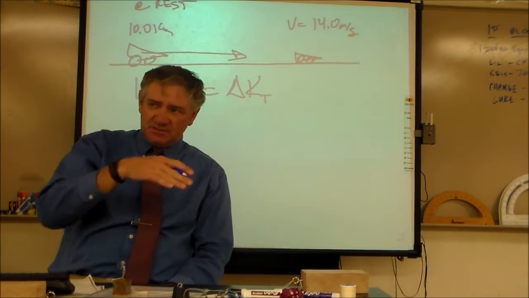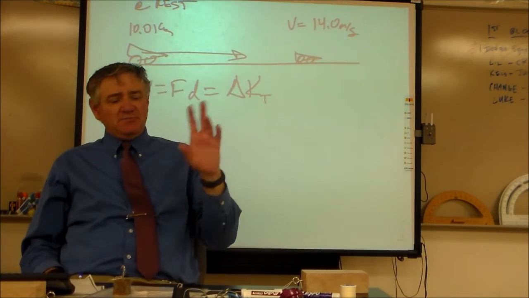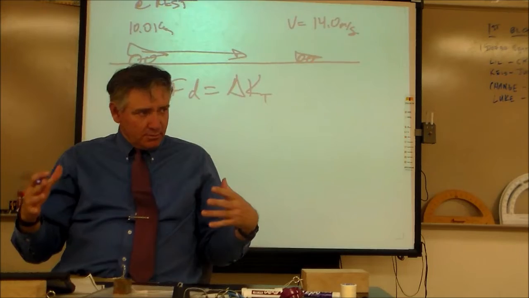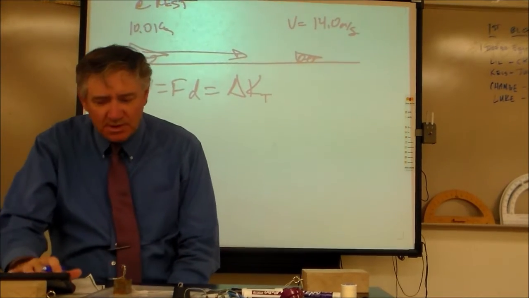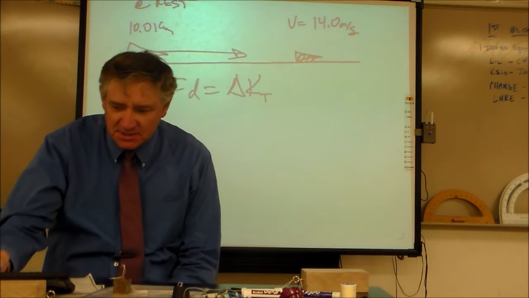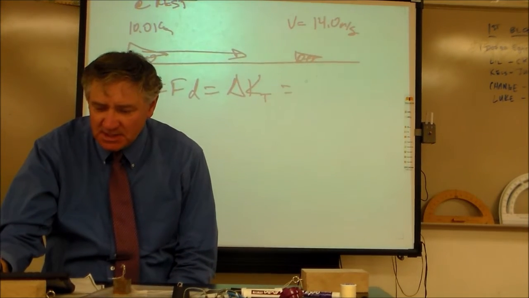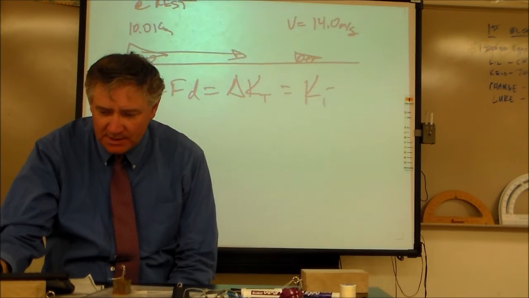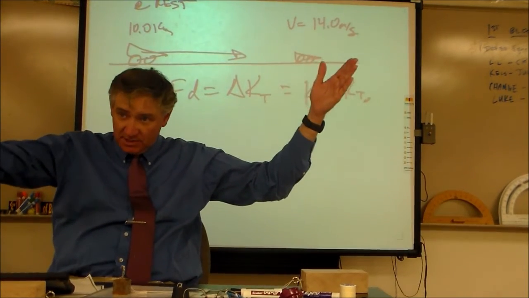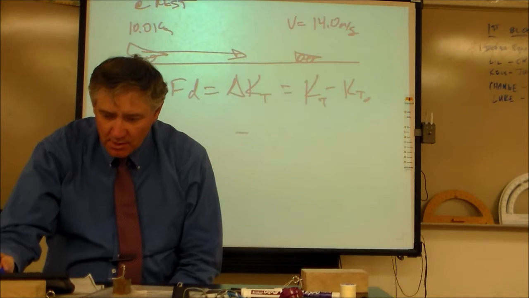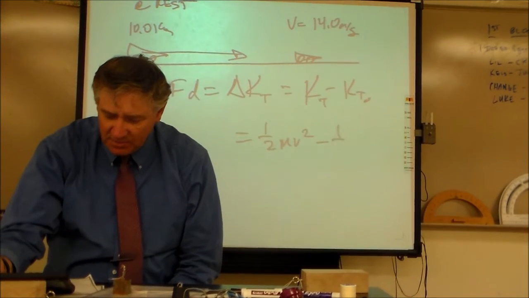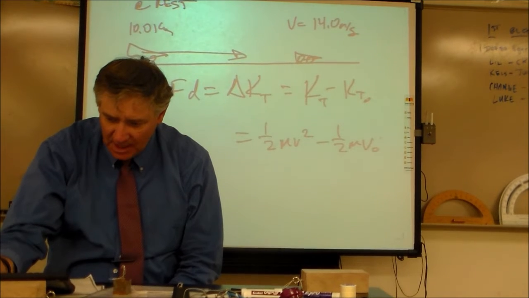Now, the other thing that you'll see in this unit is that it's very possible to get the same answer 2 or 3 times in a row, okay? So the work is going to equal the change in the kinetic energy, which is going to equal force times distance. And that change in kinetic energy, you can write it as K final minus K initial, your final kinetic energy minus your initial kinetic energy. You can write that as 1/2 mv squared minus 1/2 mv naught squared.